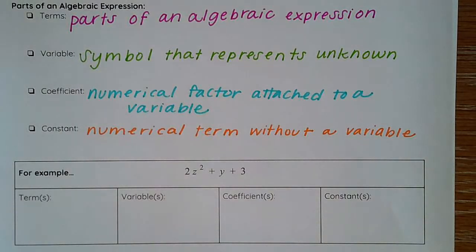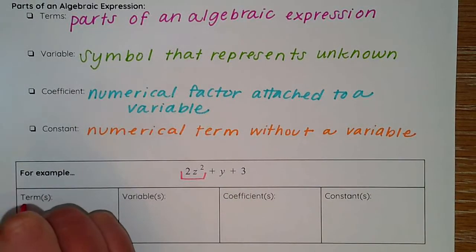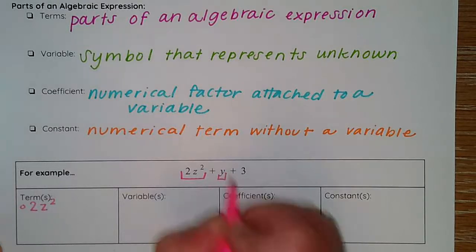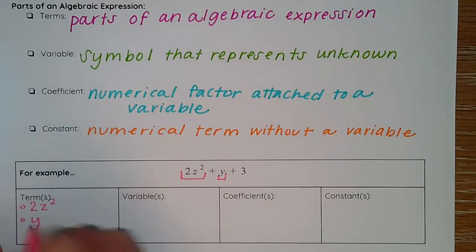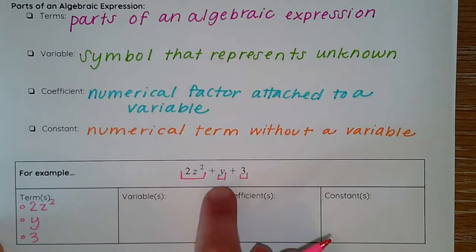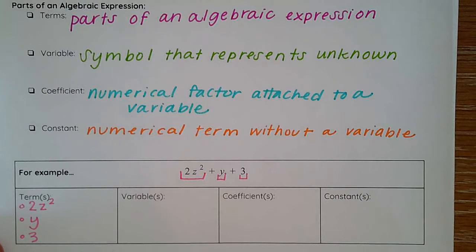The terms that we see here are 2z squared, y, and 3. There are 3 terms in this expression.